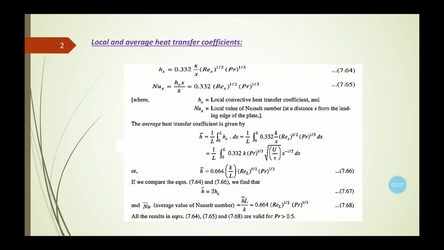We need to remember this while using these formulas for different numericals. We need to check whether the Prandtl number is greater than 0.5 or not. If it is, then only we are allowed to use these formulas for the local and average heat transfer coefficient as well as local and average Nusselt number.